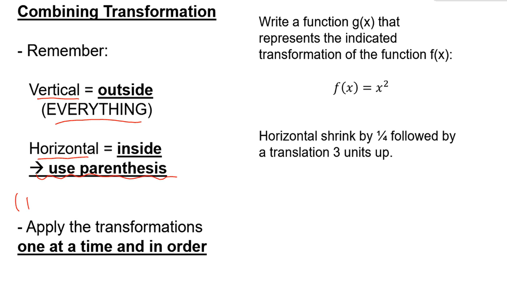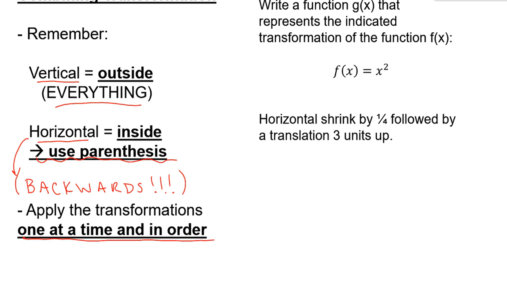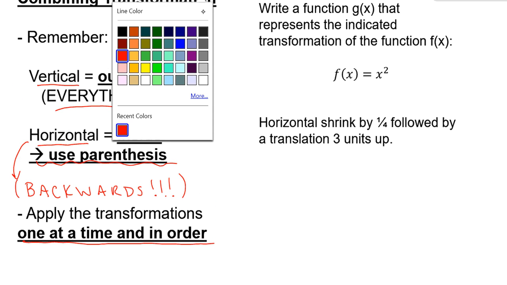Keep in the back of your mind that horizontal is always backwards, right? Horizontal, backwards. You're going to be given multiple transformations, so you apply them one at a time and in order. As you read them through, you'll apply those, because sometimes it does make a difference.